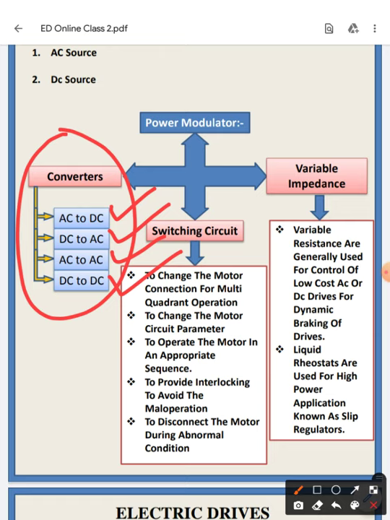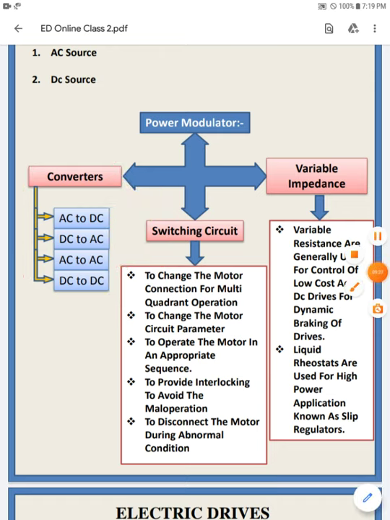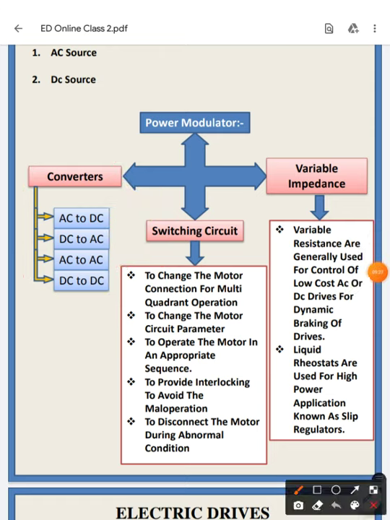In the first case, if the motor connected in the electrical drive system operates on DC, and the input source is AC, then you need to convert this AC source into DC.